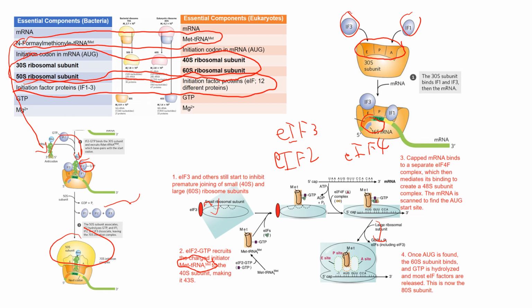We have our initial tRNA which binds, and then through eIF2 and eIF4, the complex is released, and then the top subunit can go on. And it still uses a GTP for energy as well. So very similar. It's mostly just nomenclature that differs between these two, as well as one other eukaryotic initiation factor.